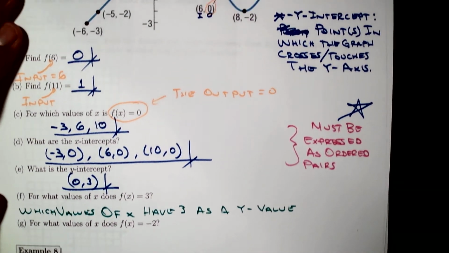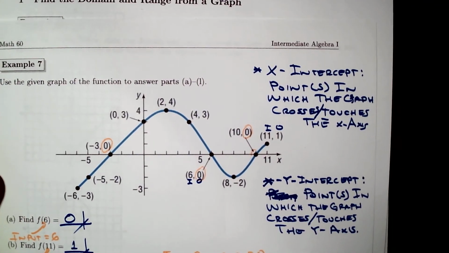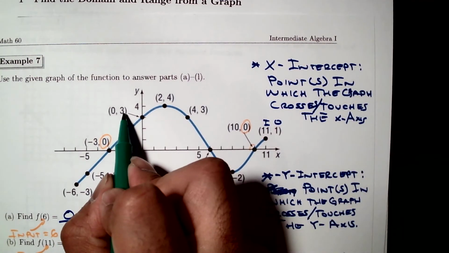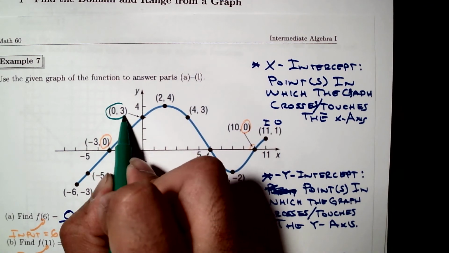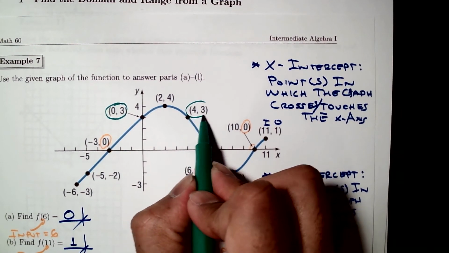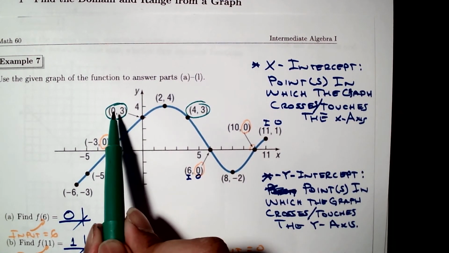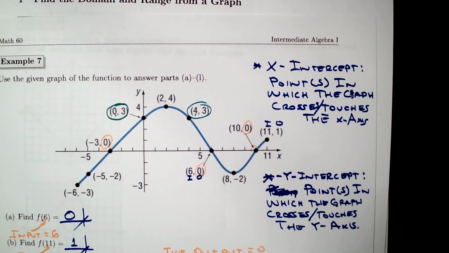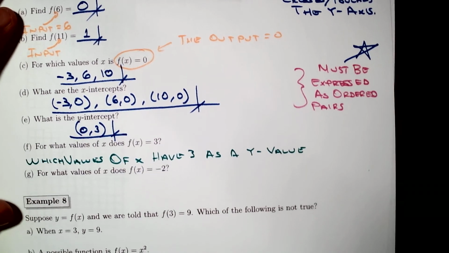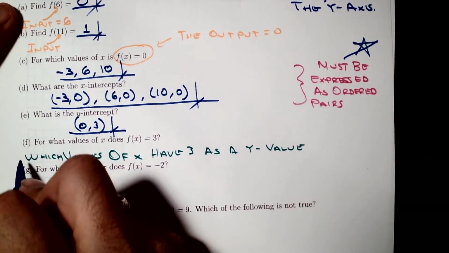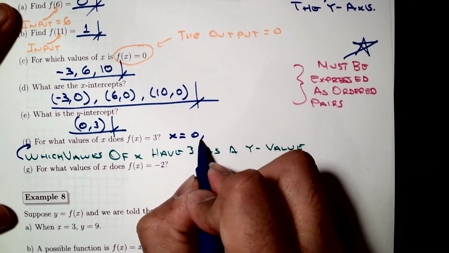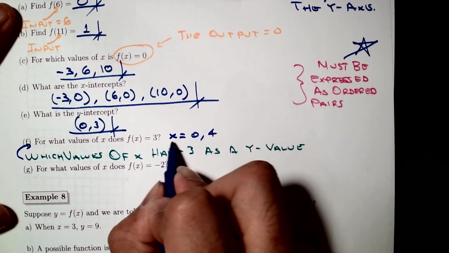Okay, let's see if we have a few of those. Well, we're looking for y equals 3. So y equals 3, we have this one, and we have y equals 3 over here. So the values are x equals 0 and x equals 4. So let's list those. x equals 0 and 4.